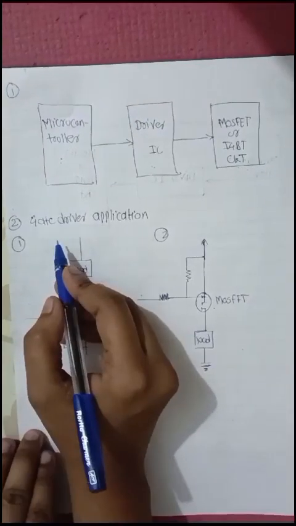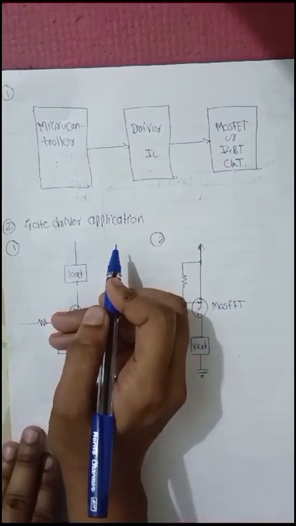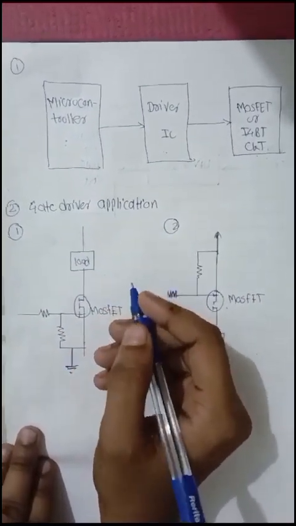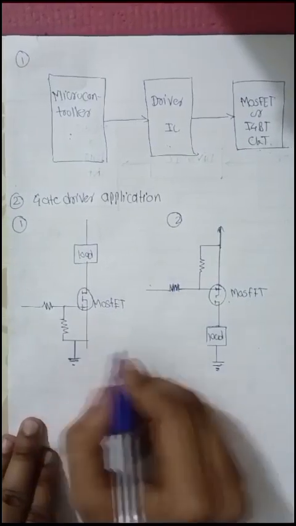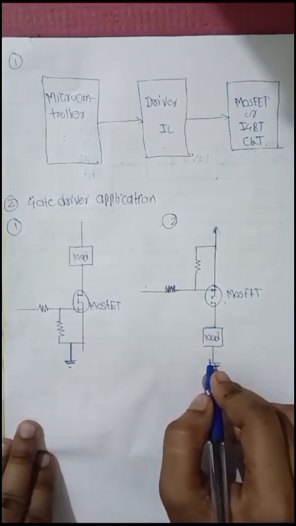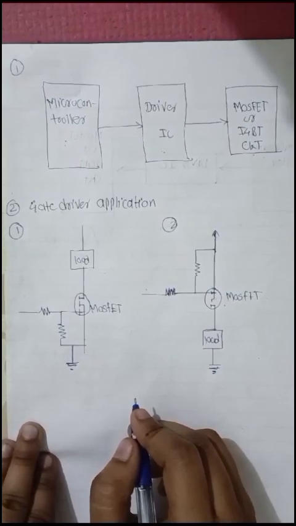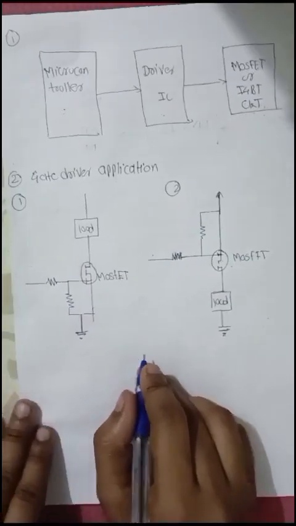Next, we will discuss the gate driver used for various applications. It has many applications. First is a low side MOSFET driver, second is a high side MOSFET driver, third is a full bridge MOSFET driver, and also there is a three phase MOSFET driver.